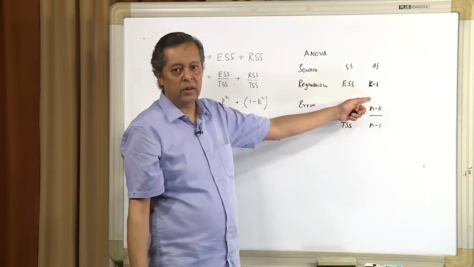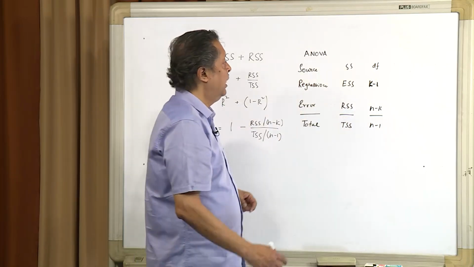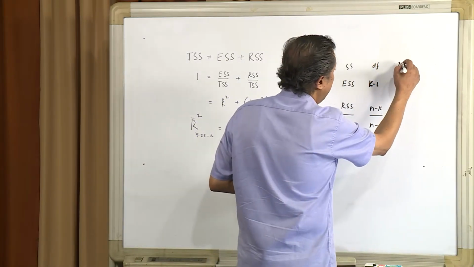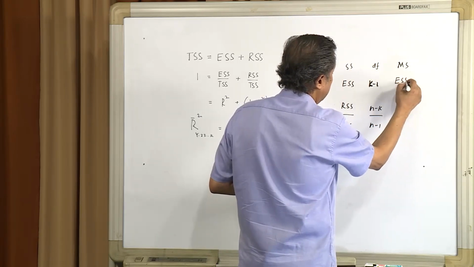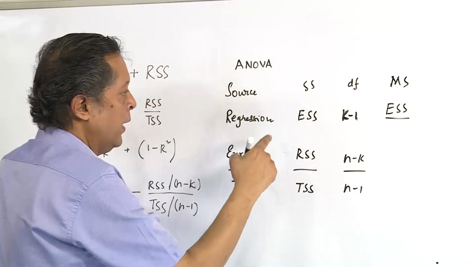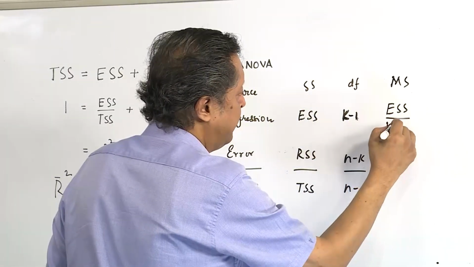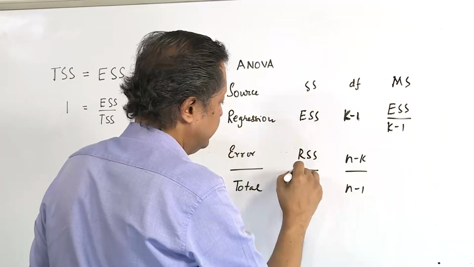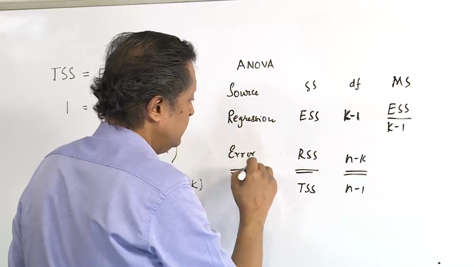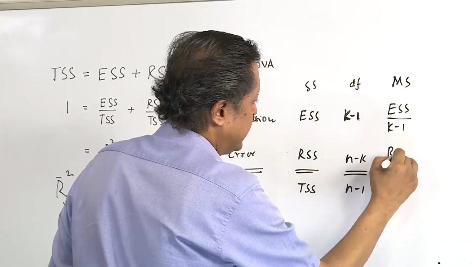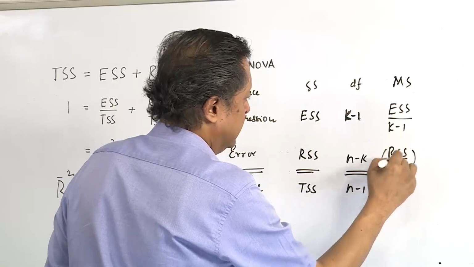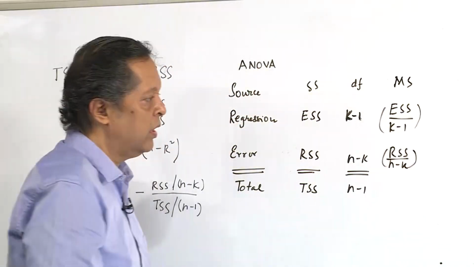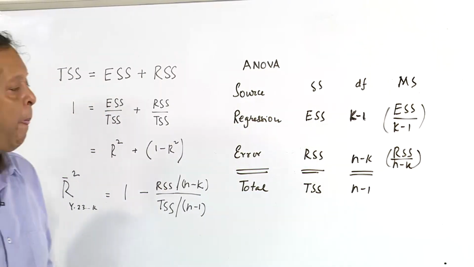So, that shows the degrees of freedom, and finally, the mean square is known as the ratio of the sum of square divided by the corresponding degree of freedom. So, this is RSS by n minus k, and finally, what is the use of all this?